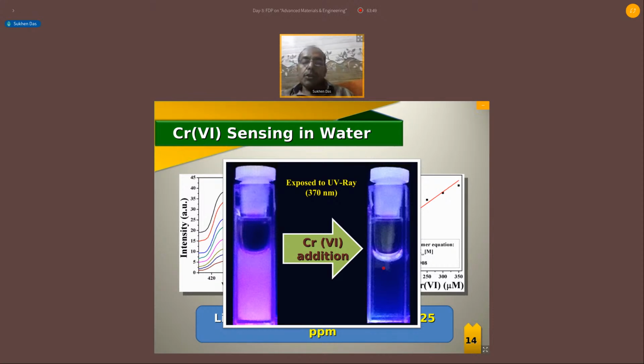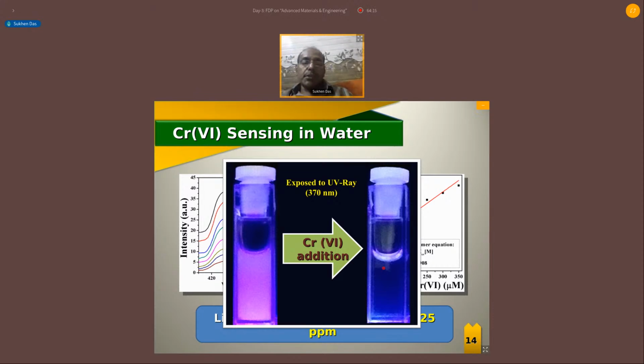So one thing is there. If we have a solution of our powder, that means the boehmite containing resin in a water solution, and we allow UV light of 370 nanometer to pass through it, we'll find a fluorescence property. But whenever there is chromium, there will be no fluorescence.